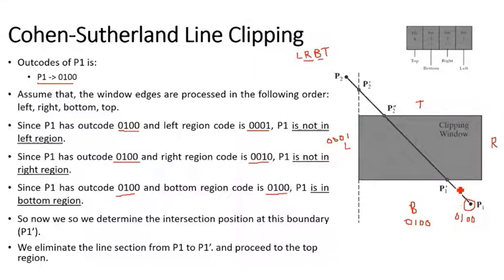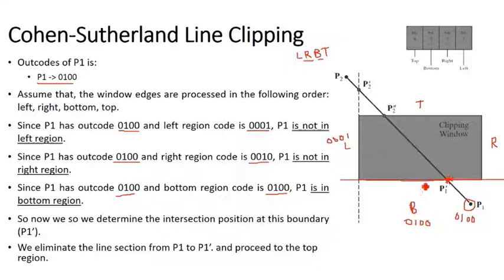Now if AND operation gives me true, then I'll consider the line which is the bottom line, in this case ymin, which is separating the bottom region from the clipping window. So I clip this line by taking the intersection point of this line with the bottom line, because this bottom line of the clipping window is what will separate the bottom region from the clipping window.